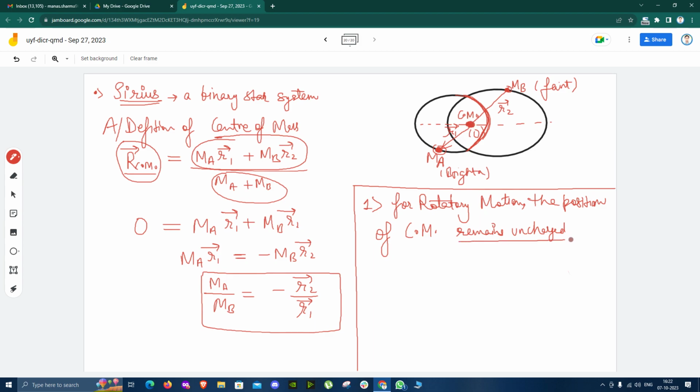It remains at the same point. Its position will be the same always in rotatory motion. But in a system of particles with translatory motion, the center of mass position will always be changing with time because the whole system is moving.